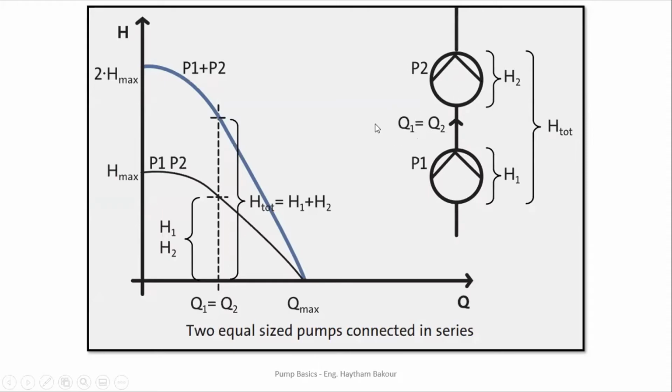As we are doing it in series, Q is equal to Q1 and Q2, while H total is equal to H1 plus H2. So it is cumulative for both of the pumps.